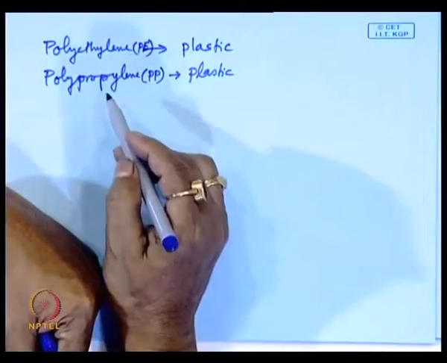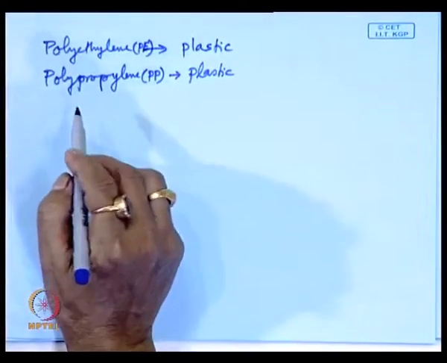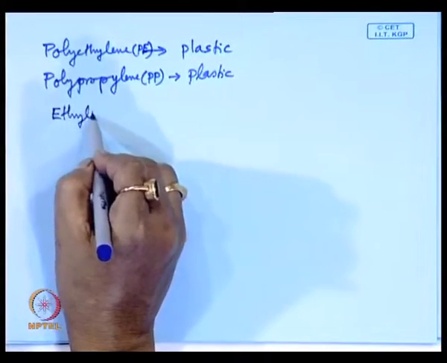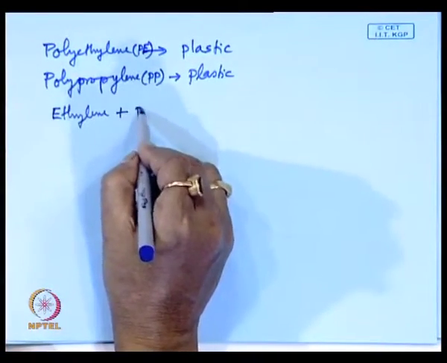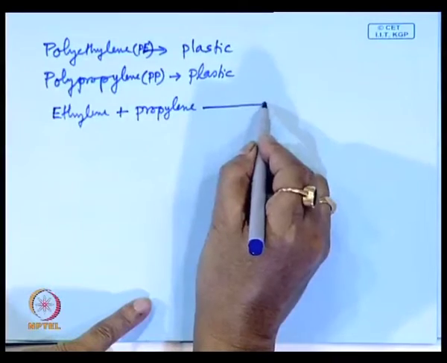You can say, sir, we can make a blend of polyethylene and polypropylene. You will get a new product, sure, of course, you will get a new product, but that new product will have different set of properties, but that may not be rubber. But you can develop a rubber from these two materials. How? For that, you have to go to its monomeric stage. You take ethylene along with propylene, polymerize together.